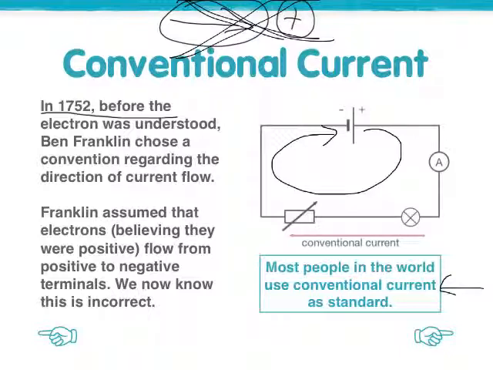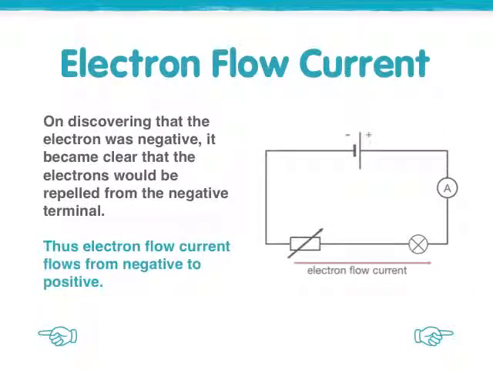It's not so important with current, but when you do things with the electric motor and magnetic field and electromagnets, the conventional current is still used, and there it's super important. So you just have to remember that it's the opposite of common sense. So this is the sensible flow, the electron flow of current, which was then announced when the electron was found to be negative. But by then, we already had this convention.